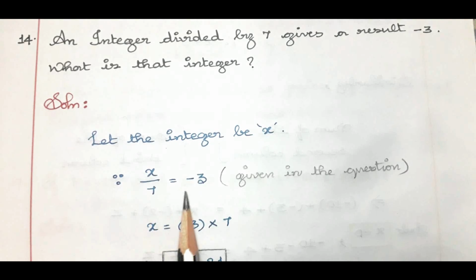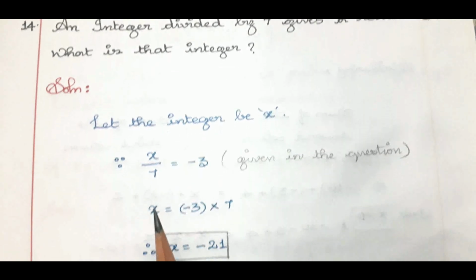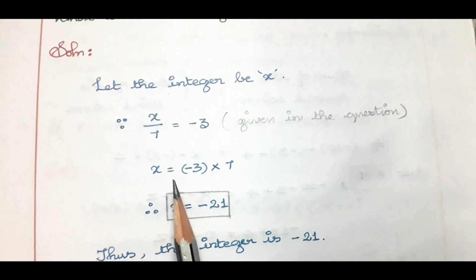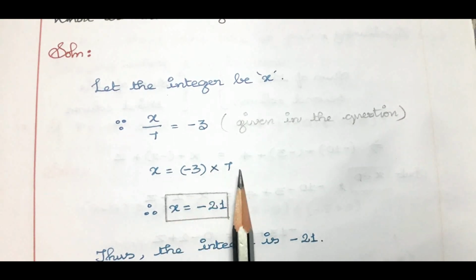Now take this 7 to the other side. You know that when a number moves from the left hand side to the right hand side, if it is in multiplication it becomes division, or if it is in division it goes to the other side as multiplication. Here 7 is in the division part, so we take it to the other side. So x is equal to minus 3 into 7.